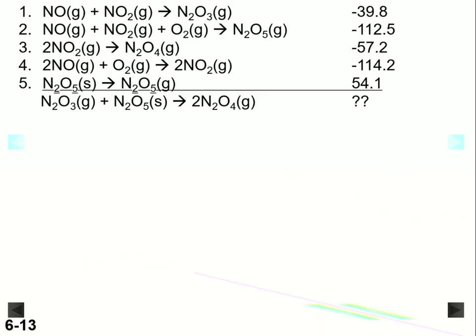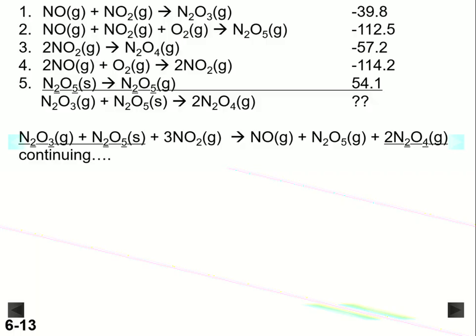So here's our goal. N2O3 plus N2O5 going to 2 N2O4s. And this is where we left off on the last slide. So continuing now, we need to eliminate the NO2s, and we need to produce NO and N2O5 gas.